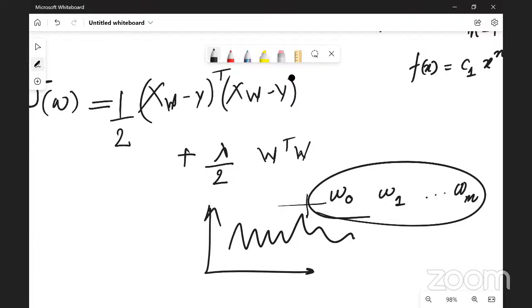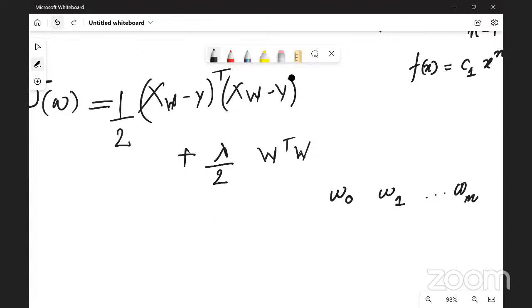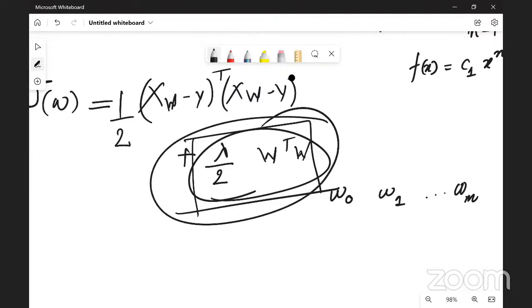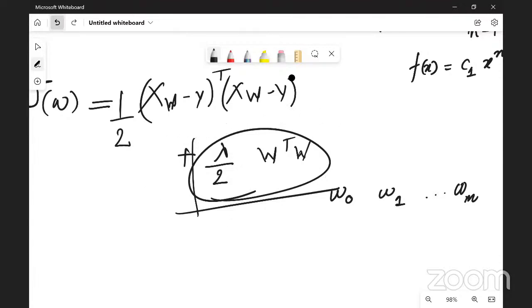Whenever the optimization procedure tries to increase the weights of W, this quantity is going to pull it back. Let's say our optimization procedure, just by looking at the first term, goes towards the overfitting direction, meaning W's are growing. This penalty term will say, if you increase it by much, I'm going to add a penalty. So instead of decreasing the loss, it will increase. Hence, this penalty term is going to prevent our model from overfitting.